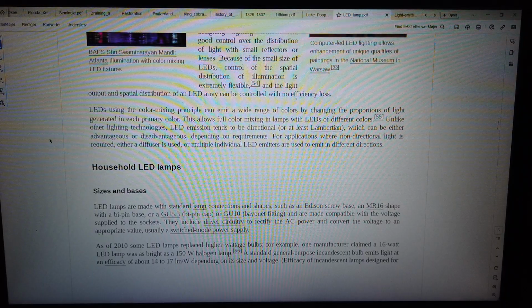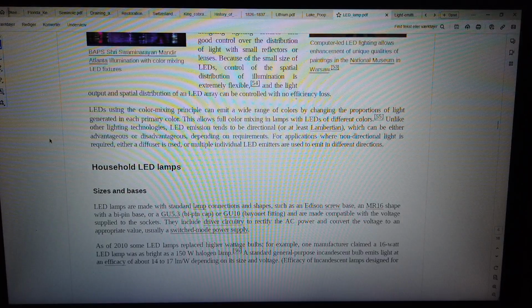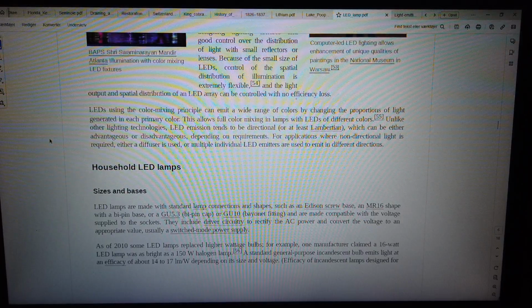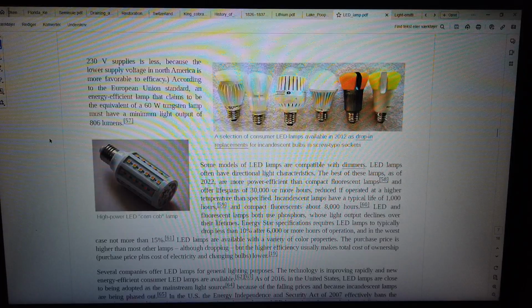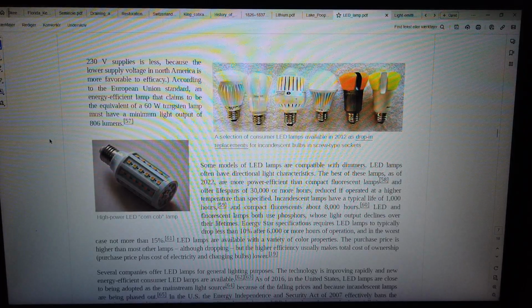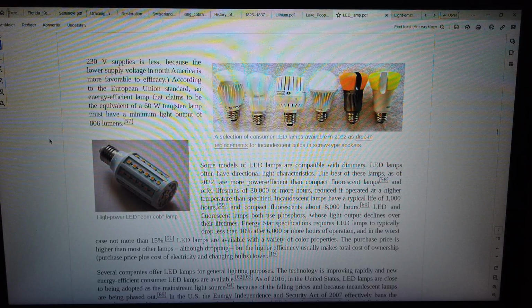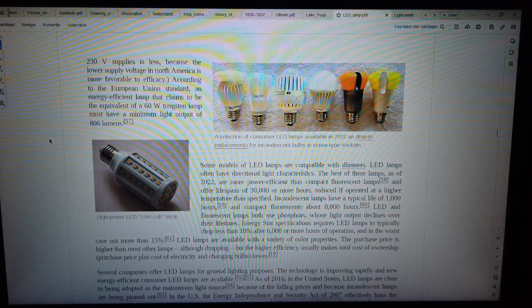A standard general-purpose incandescent bulb emits light at an efficacy of about 14 to 17 lm/W depending on its size and voltage. A selection of consumer LED lamps available in 2012 as drop-in replacements for incandescent bulbs in screw-type sockets.